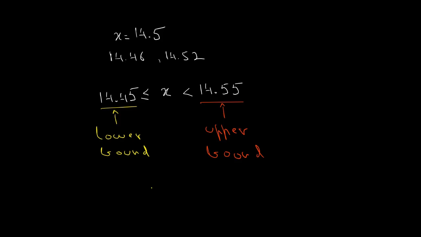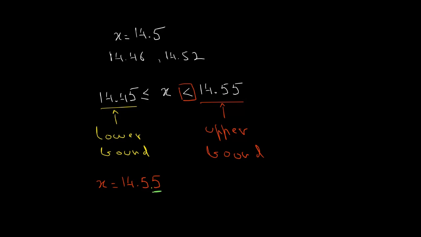Now, also remember, for an upper bound, this has to be less than 14.55, because if x were actually equal to 14.55 and I want to round it to one decimal place, I would look at this 5 right over here, and this number is greater than or equal to 5.